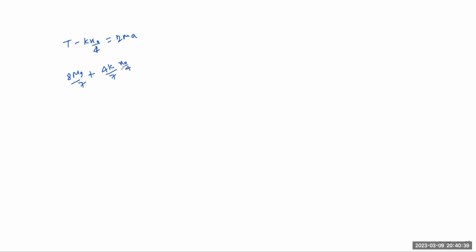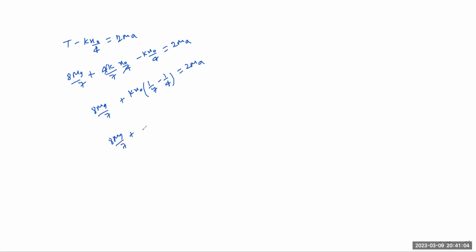Correct? Now I remember. This is what I left, right? Yes, sir. So 8mg by 7 plus kx naught, 1 by 7 minus 1 by 4, equals 2ma.